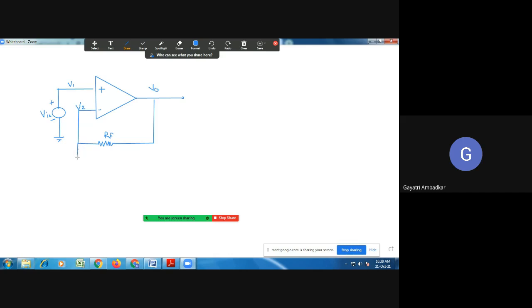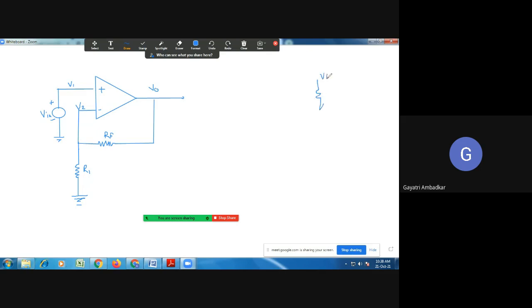So I am drawing here. A network of RF and R1, a voltage divider network, is connected here, and its midpoint is like this.